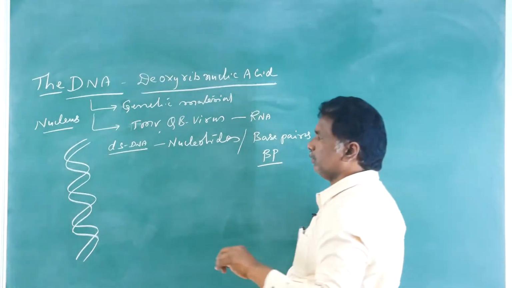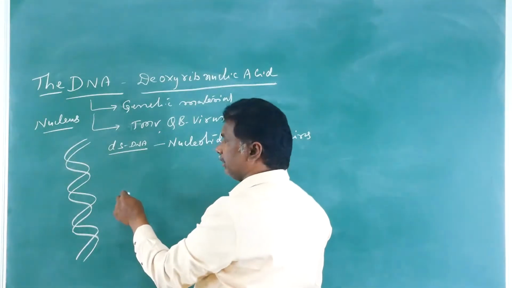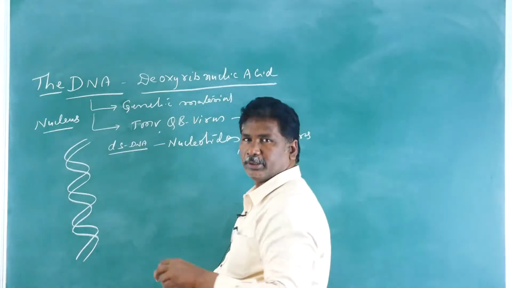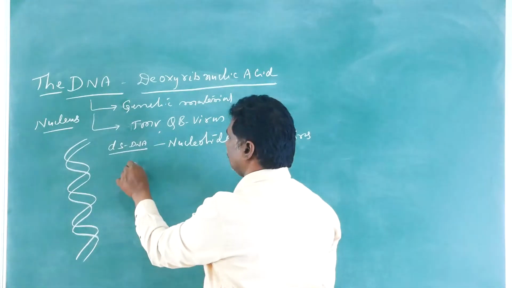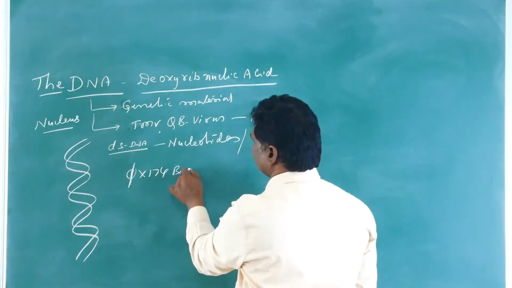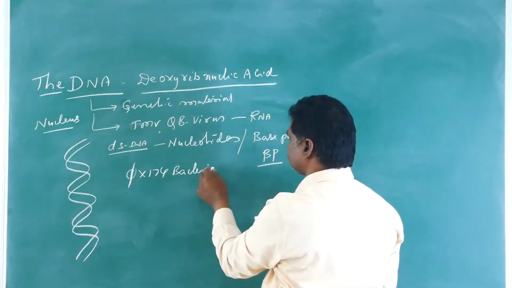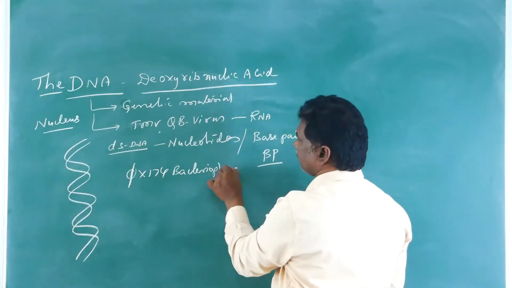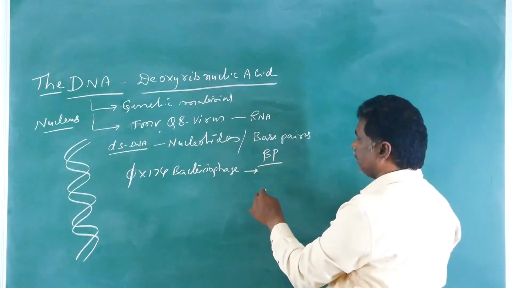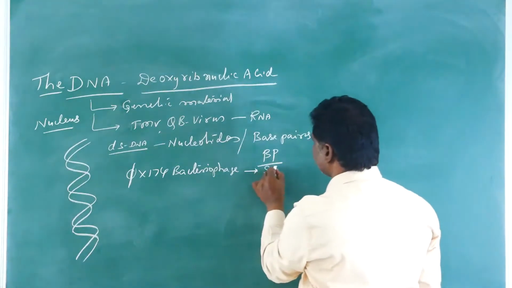For example, one single stranded DNA containing virus is called phi X 174 bacteriophage, which has only ssDNA.